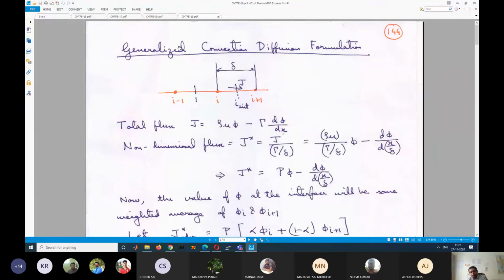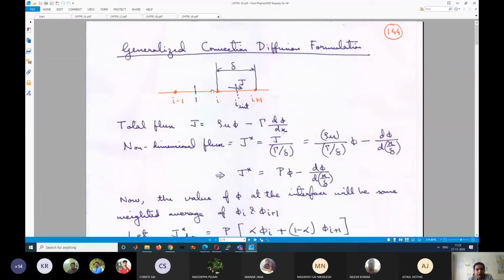So what we are going to do is see in non-dimensional form how to formulate a discretized equation. This total flux J, remember what the advective flux terms are: flow carrying the value phi at the interface. So rho u phi is the advective term, and the diffusive term is minus gamma d phi dx, again at the interface.